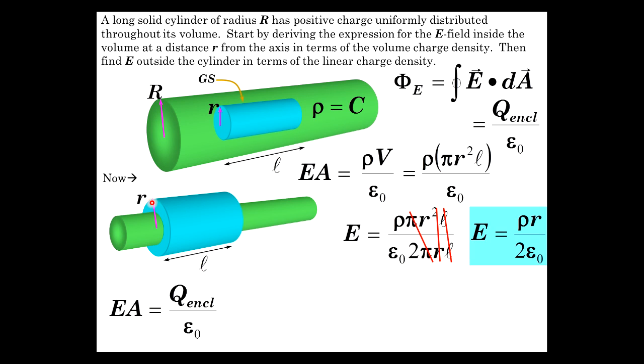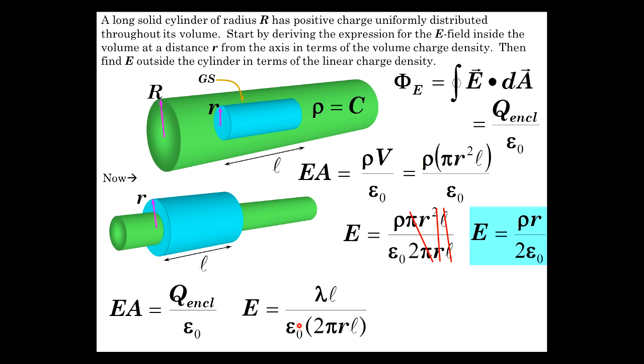The charge enclosed is all of the charge on this cylinder underneath the Gaussian surface. So that could be expressed in terms of a linear charge density. There's a certain amount of charge per length of the original cylinder. So E is equal to charge enclosed, lambda L, over epsilon 0 A.